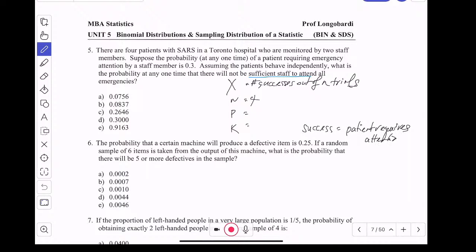So this is a statement about each time. Each time you look at a patient, each trial, the success is patient requires attention. K is out of all, after all the trials. What are we looking for? I say K, the special K. This is the thing we're looking for.